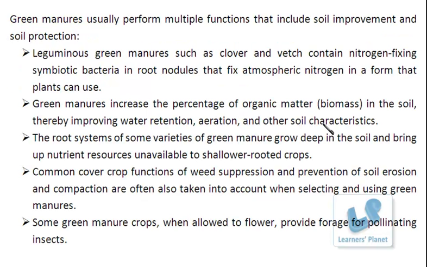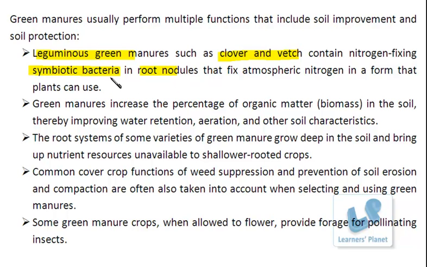Well, the very first advantage is that, let us assume, if leguminous green plants are used as green manure, for example clovers or vetch, these leguminous green manures have nitrogen fixing symbiotic bacteria in the root nodules, right?